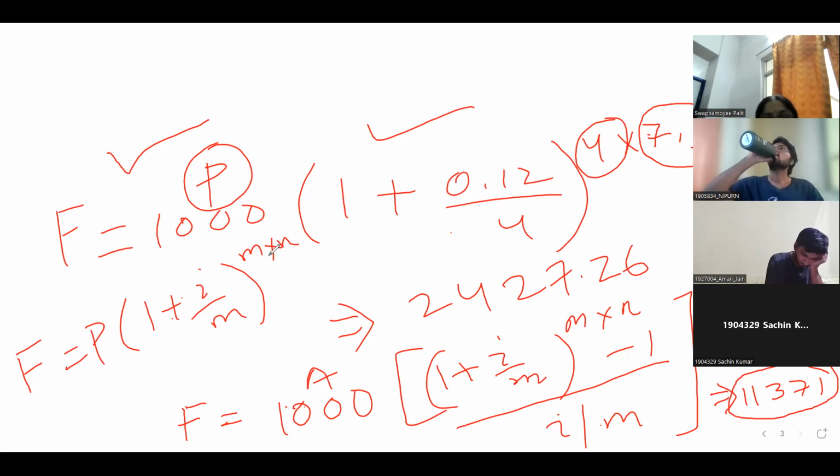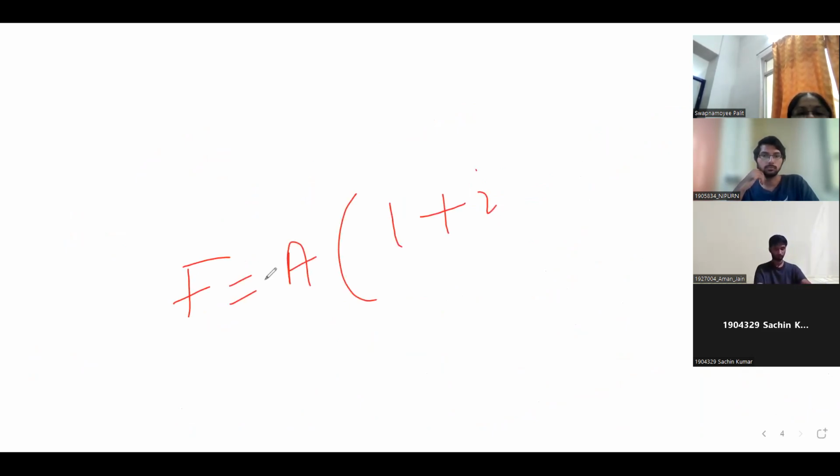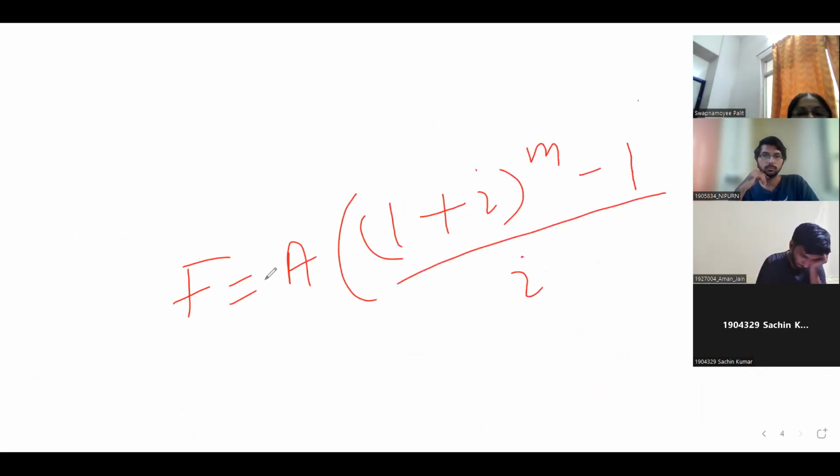मैम नेक्स्ट स्टेप, F इक्वल टू A into वाला. ये वाला multi-period compounding. If it is more than once compounding and it is an annuity, see we have done this formula. So your formula gets changed. It is the same formula. देखो, what is your F given A formula? Your F is A into 1 plus I to the power m minus 1 by I. This is your formula for only A. If it is multi-period, you can see I've just included one m term everywhere.